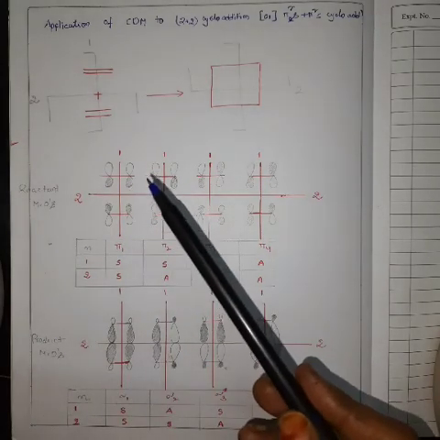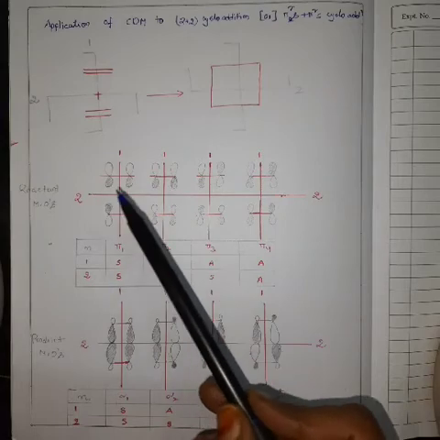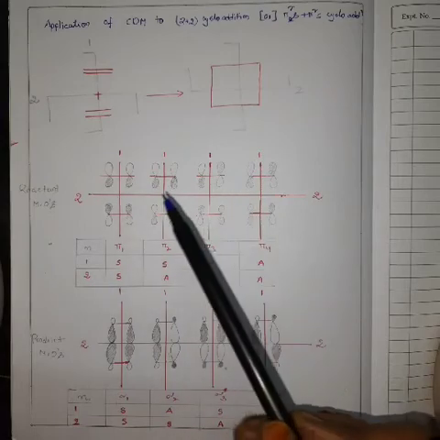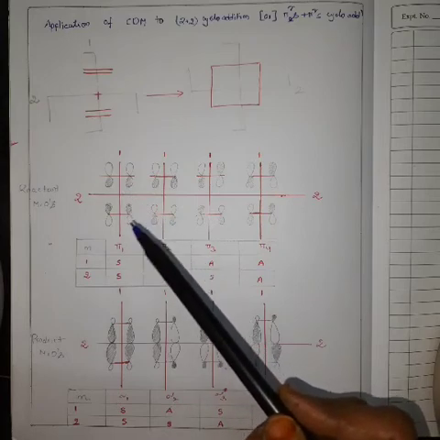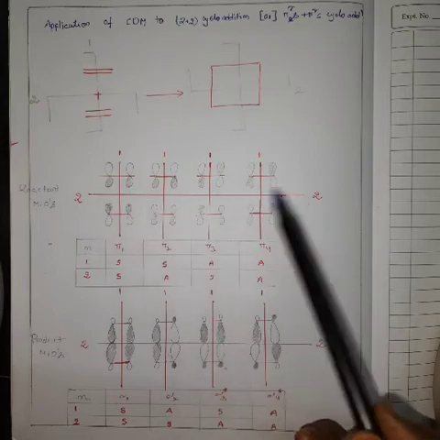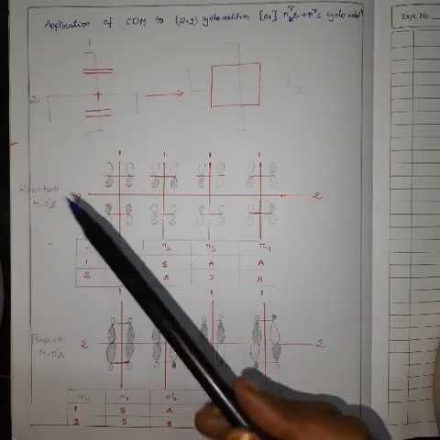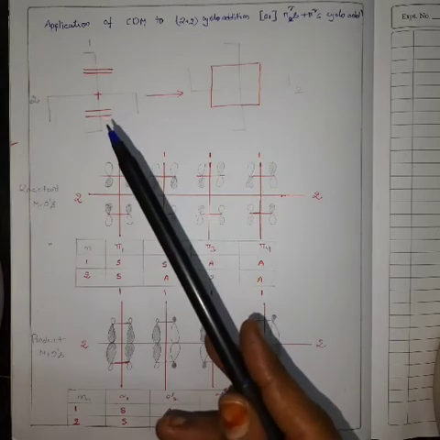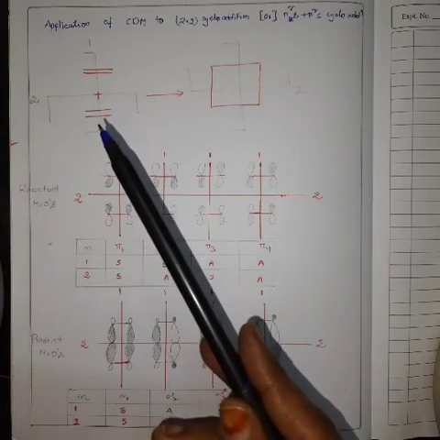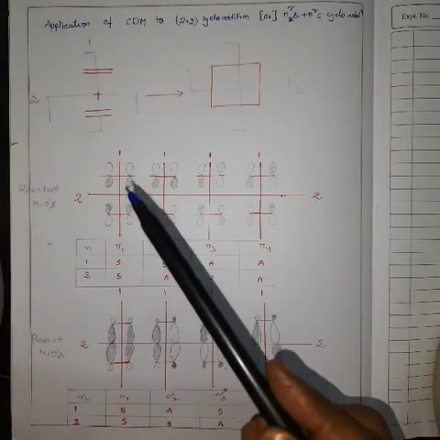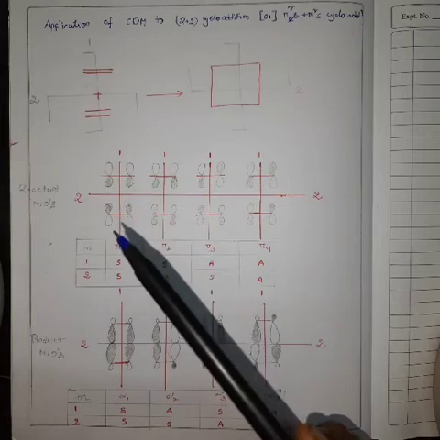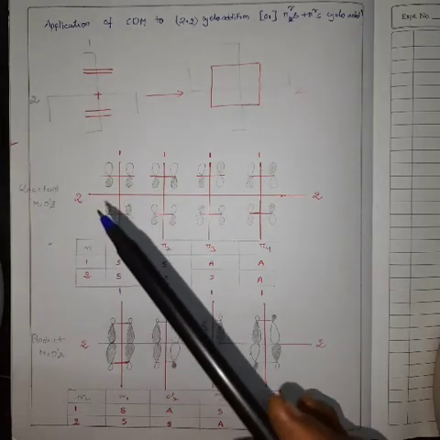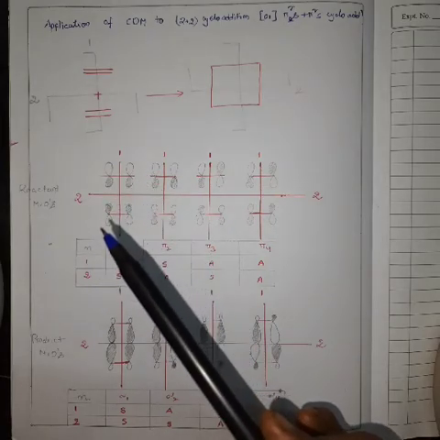The orbitals above this line are the p orbitals of the first ethylene molecule, and the orbitals below this line belong to the p orbitals of the other ethylene molecule. These orbitals have two planes of symmetry, a vertical plane and a horizontal plane.